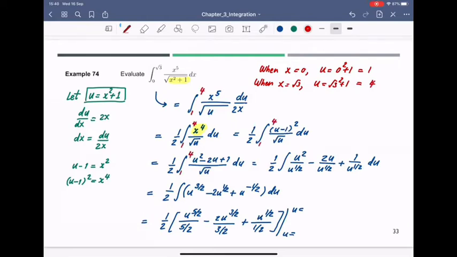This is what I usually do. You have to say that this is 1 to 4 because you already switched your variable to u. If you keep saying 0 to square root 3 all the way down, you lose points because you already switched to u. You have to make sure that your lower bound and upper bound match your variable now. So I'm going to say 1 to 4. Does it make sense?